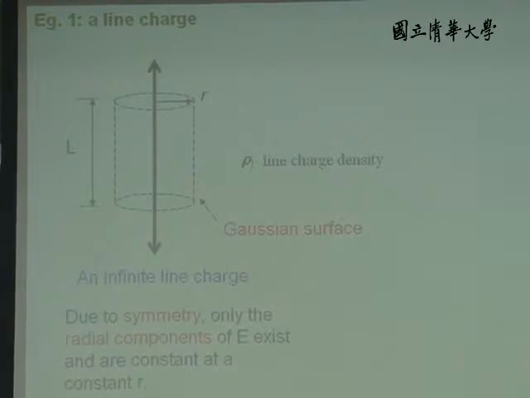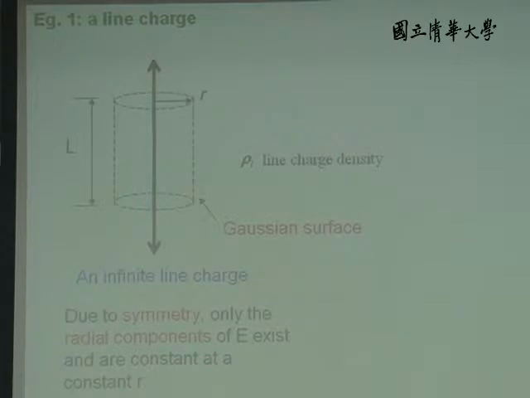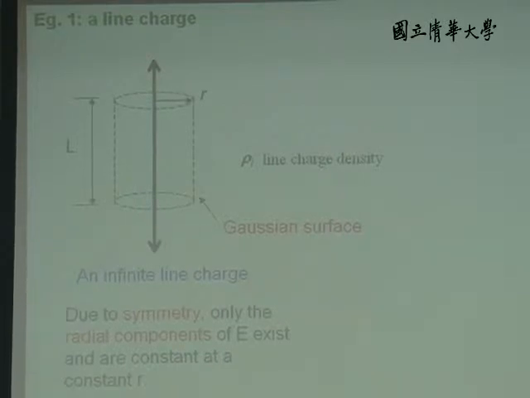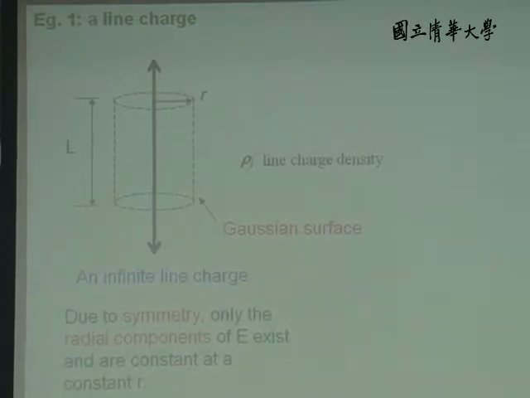Okay, well, you can pick a different point in space, and if you pick one charge on this line, you can always find another charge of equal amount located at the same distance with respect to the symmetry point.